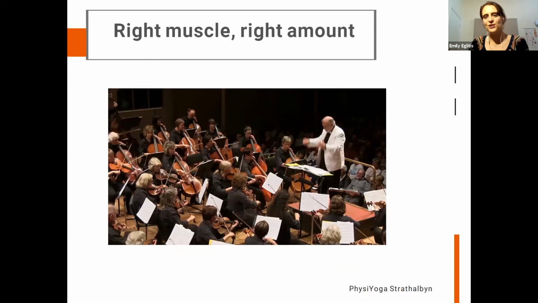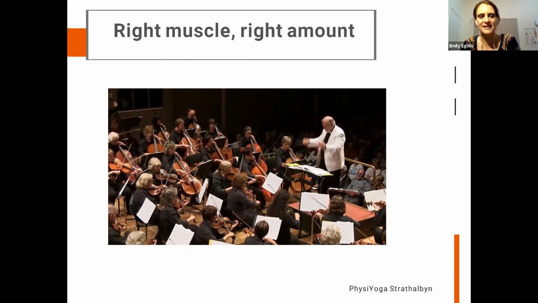And I liken it to an orchestra. I'm not the only one who said this, but if you think of an orchestra, everyone has to play the right part at the right time. You don't want the tuba just blasting away the whole time. Oh, this is like a string orchestra. Anyway, you get the idea. You don't want the violin screeching away the whole time.